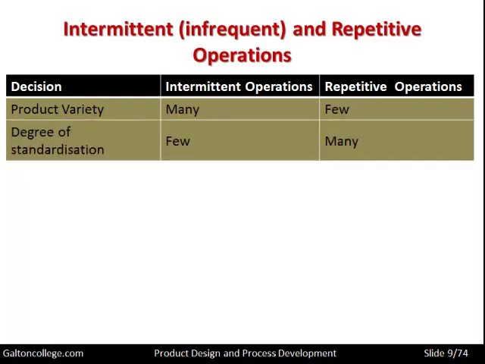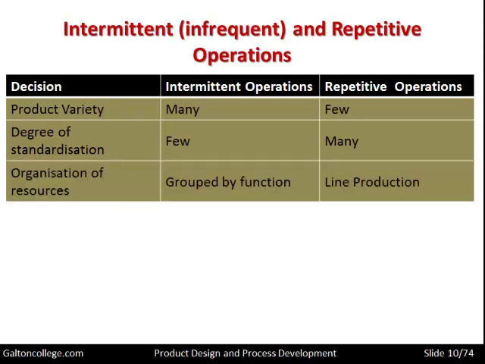The degree of standardization, well, with intermittent operations, there's very little standardization. The products tend to be varied. There are few of them produced. They're intermittent production. Whereas with repetitive operations, there's a high degree of standardization. The organization of resources, well, normally for intermittent operations, these are grouped by function.